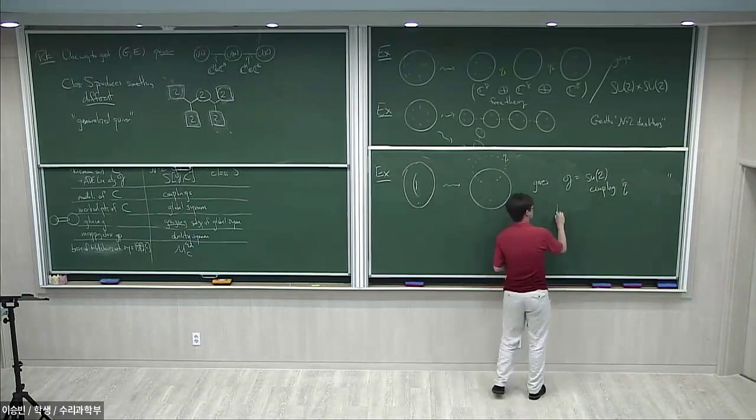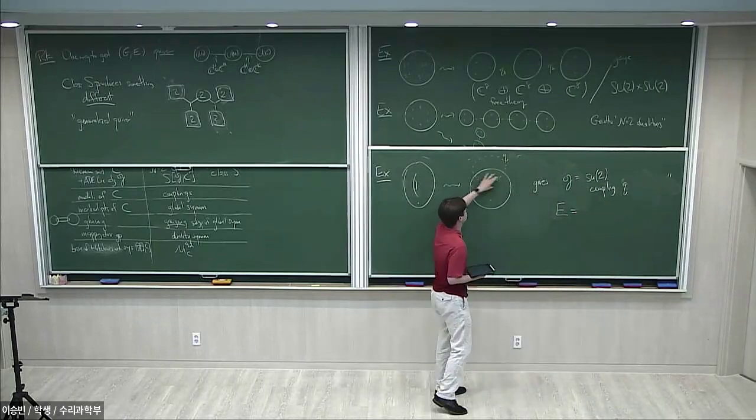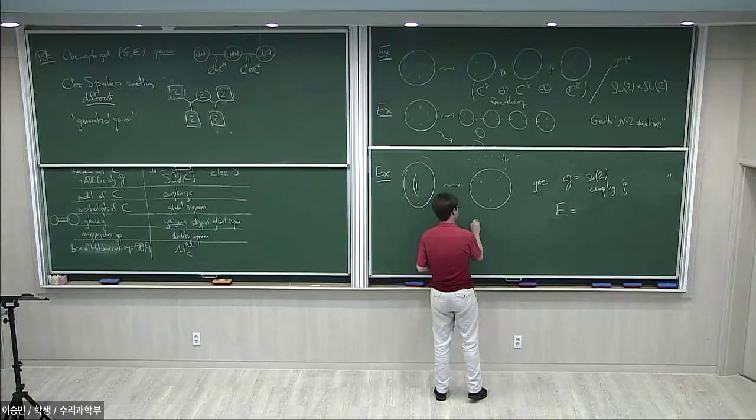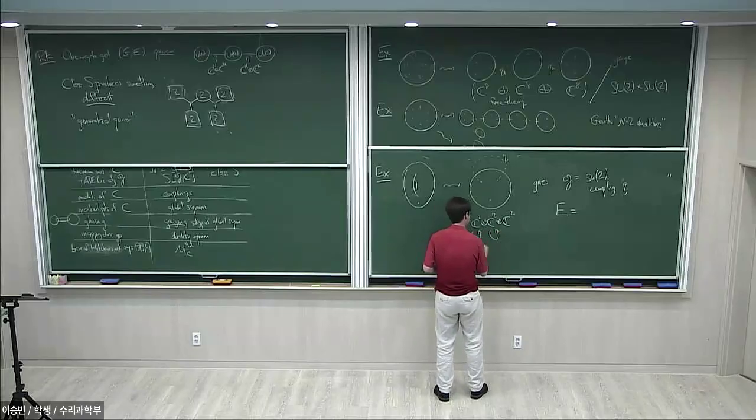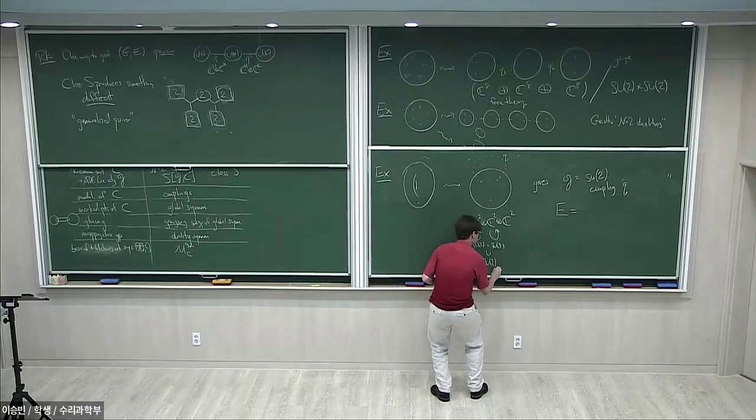And the matter representation: if I take C2 tensor C2 tensor C2, and then I look at it as a representation of SU2 times SU2, inside of here I take the diagonal.